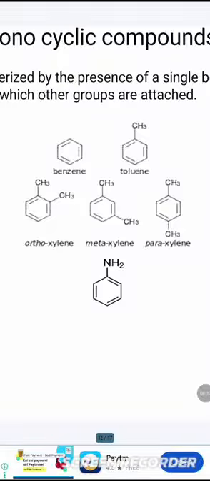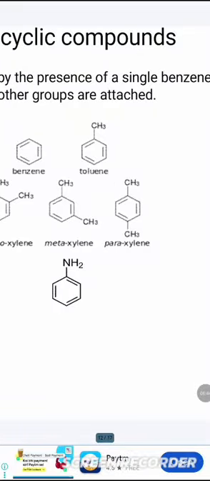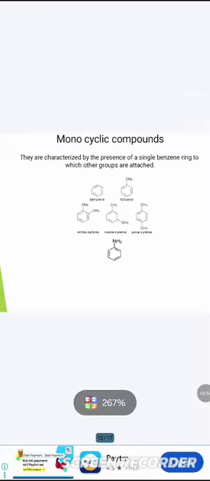Then in ortho-xylene, two CH3 groups, two alkyl groups, are attached to the benzene ring, in ortho positions. Then meta-xylene has CH3 groups in meta position, and para-xylene has CH3 groups in para position. These are examples of monocyclic compounds.